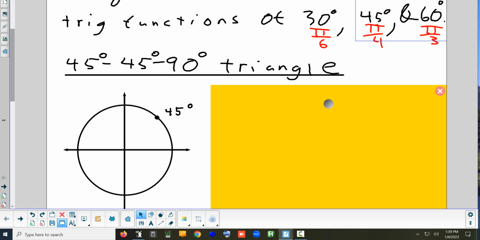All right, so to figure out what the coordinate is for 45 degrees, we're going to draw this diagram. Now, first let's just think, why do we even need the coordinate?